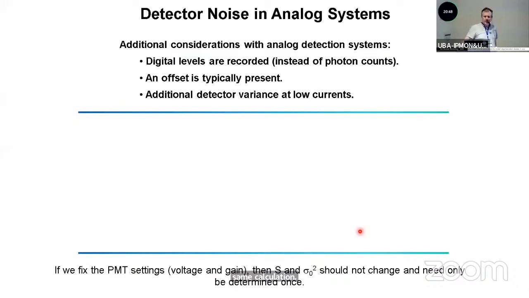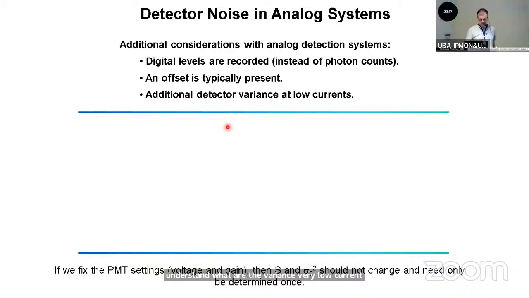The parameters that you need to measure in order to understand if your analog system will work for number and brightness or not are these. You need to define what are the digital levels, or what are the increments, the absolute numbers that give you this brightness or that other. You need to define what is the offset of your detector, and you need to understand what the variance is at very low current, when, I don't know, you turn off the laser.